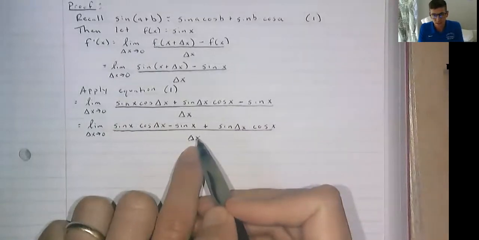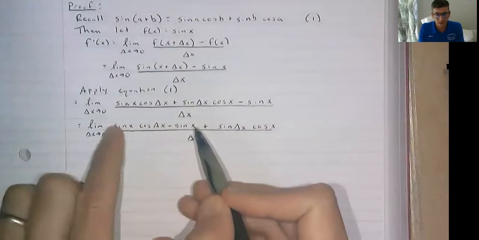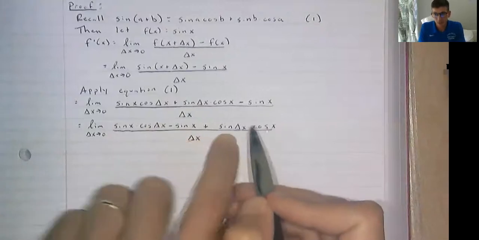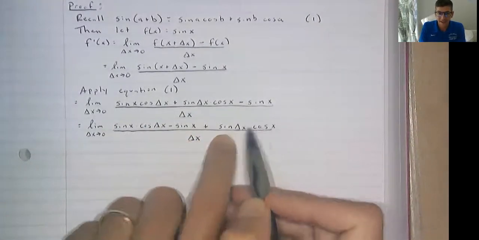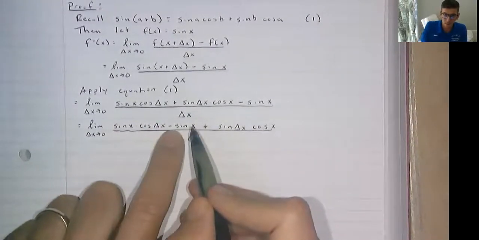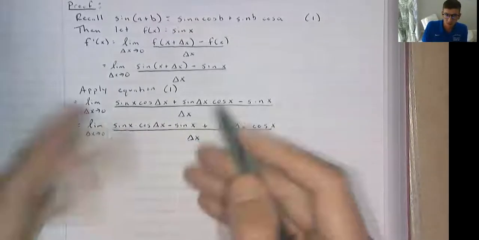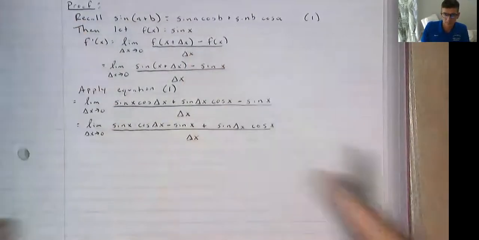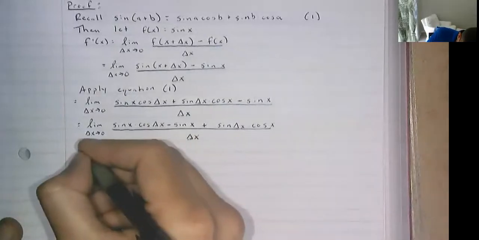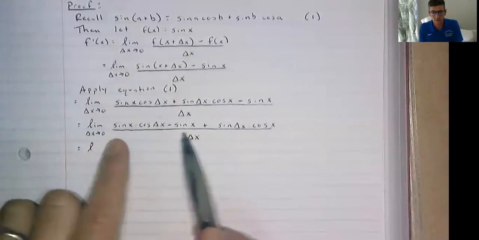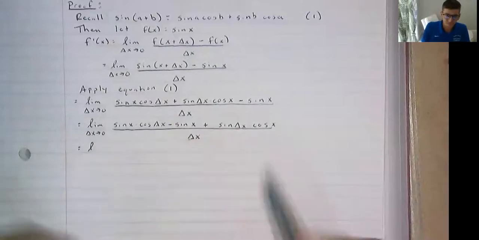So I'm going to take this delta x and divide it into this difference, and then this delta x into that part of the sum. As I'm doing that, I'm also going to factor out a sine of x from this new half of our limit. Okay? We're going to have two limits here. We're going to have a limit of this part plus a limit of that part.